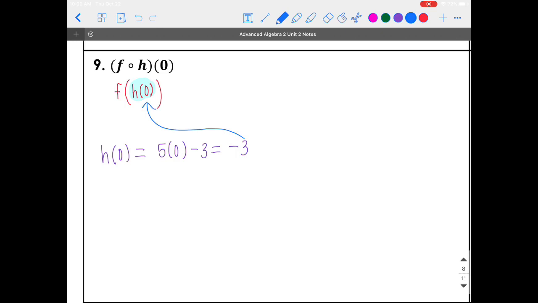We actually already did this one, which is negative 3. And then I have to take that number and plug it back in. So I'm going to find f of negative 3. That would be negative 3 cubed plus 8, which is negative 19.